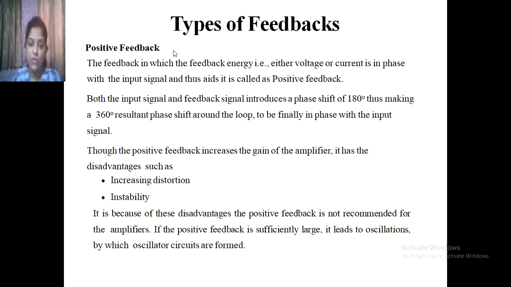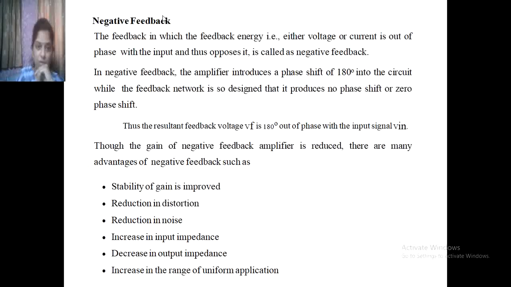But what are the drawbacks of positive feedback? It increases the gain of the amplifier, but also increases distortion as well as instability. If positive feedback has sufficient gain, we can use it for oscillator circuits. So from positive feedback, oscillator circuits are formed.